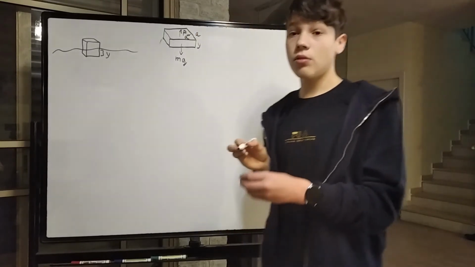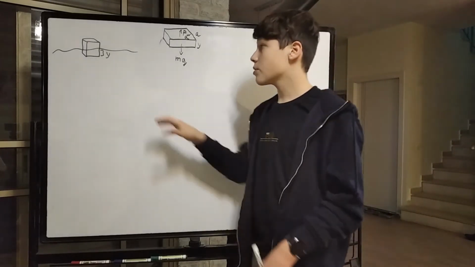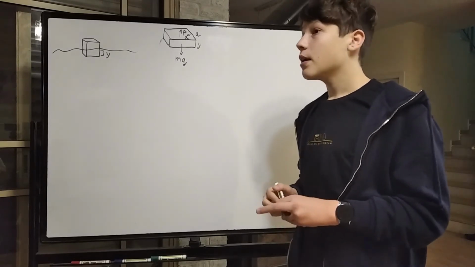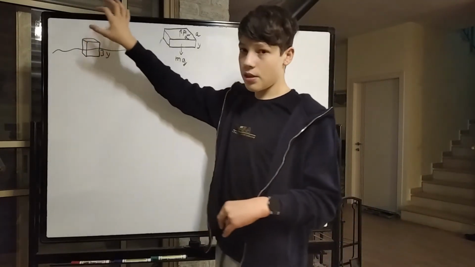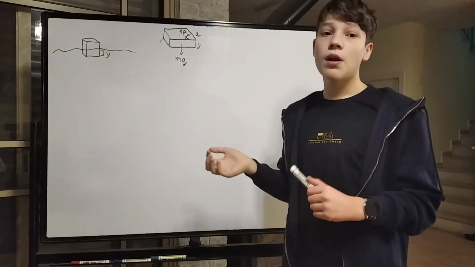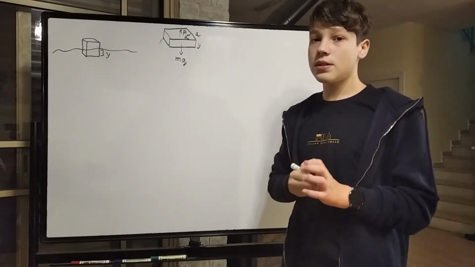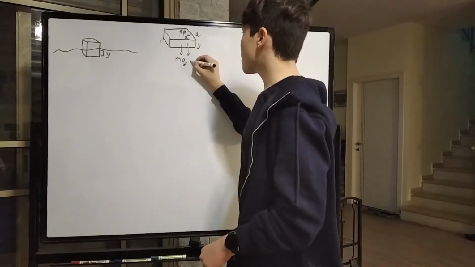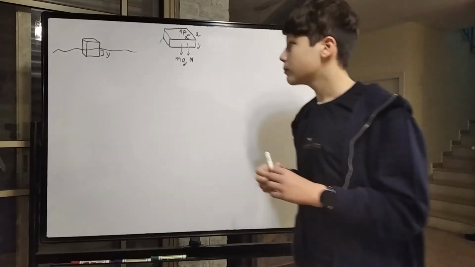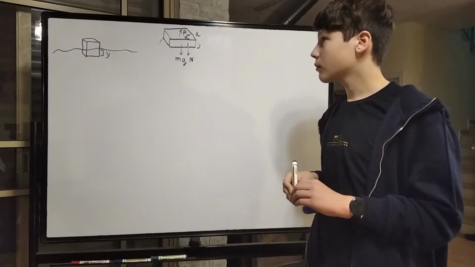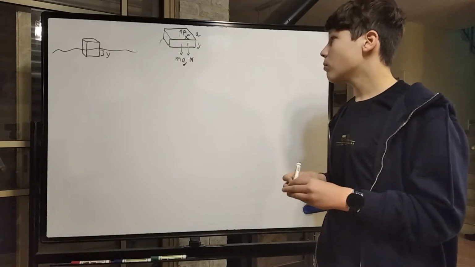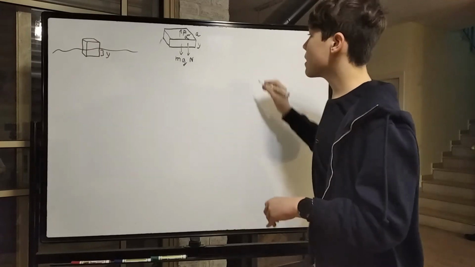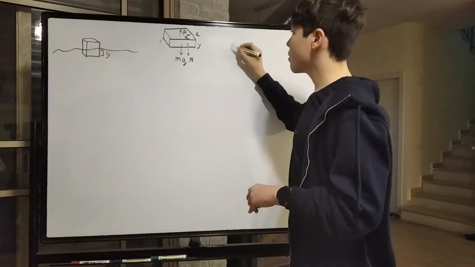And then there is also, because it's a part of the entire cube, we know that it and the part of the cube that is outside the water are touching, meaning that there is a normal force between them. And so this is N. And now let's look at the part that is outside the water.